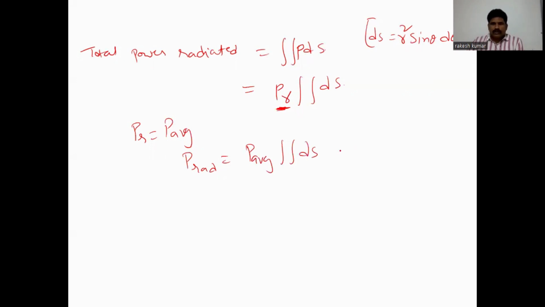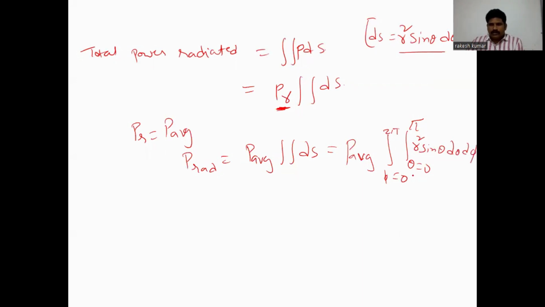So with the ds value, that is P average into the double integral, where phi goes from 0 to 2 pi and theta goes from 0 to pi, and ds is r squared sine theta d theta d phi.